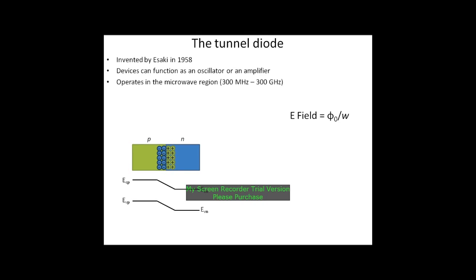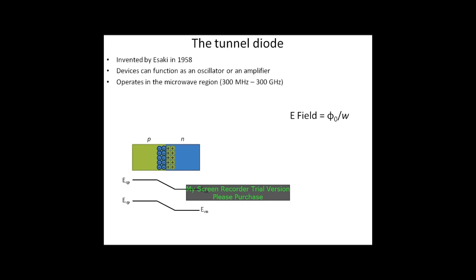If we look at the band structure, or the band levels, for a PN junction, we see the conduction and valence bands for the P and N regions, and they're offset by a distinct value. In the junction, there's a depletion region.